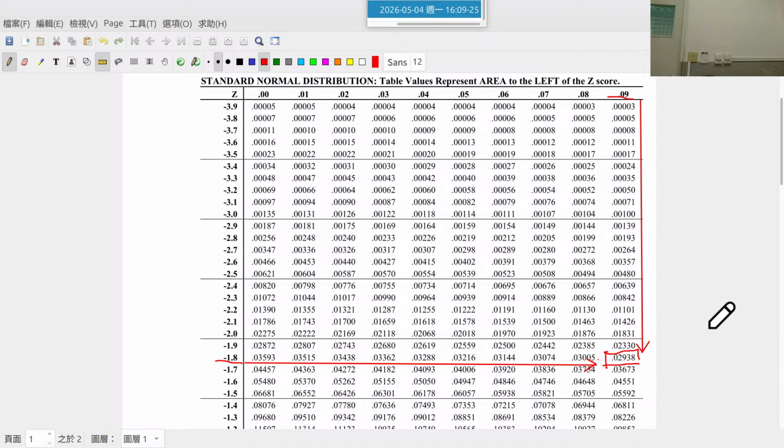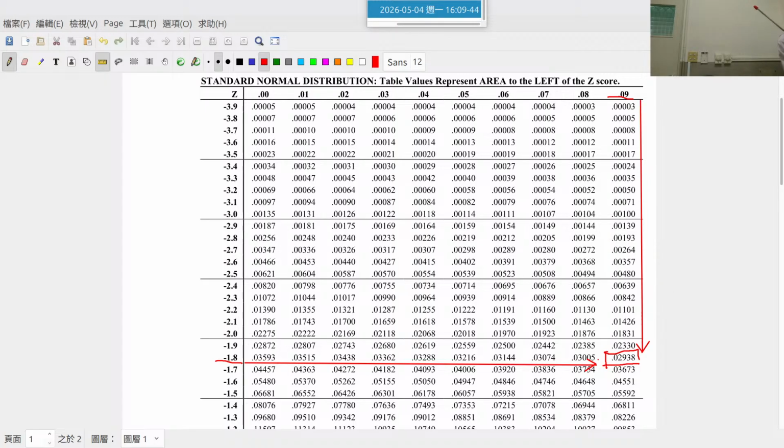Later, I will show a very fast way using free online applications. After our calculation, minus 1.8, move here to the second decimal, 0.09. Why is it 0.09?